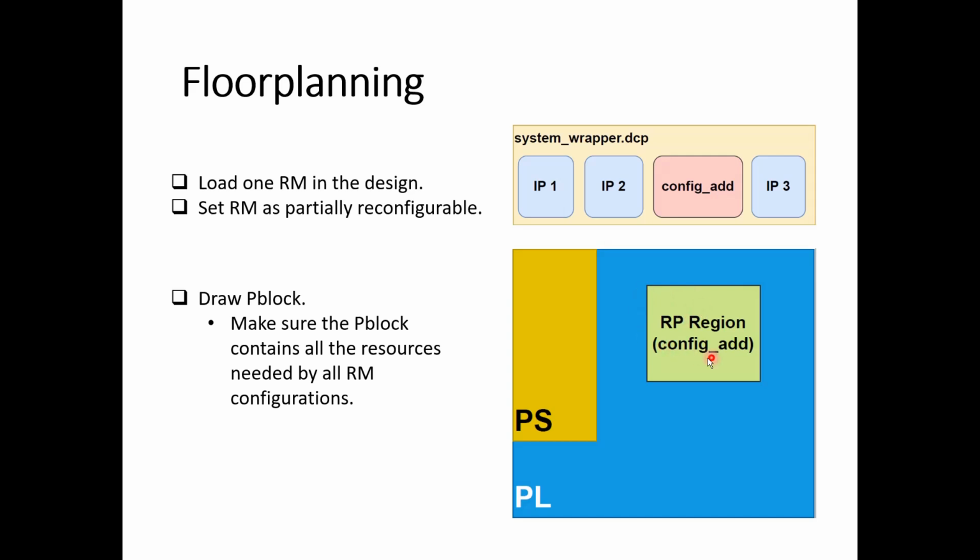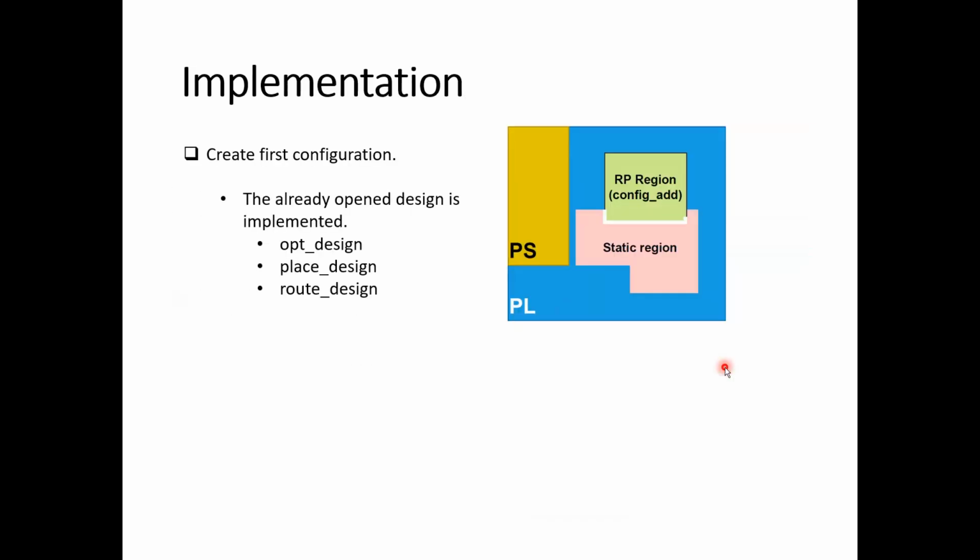So this is the region that will house our addition module as well as the multiplication module. So we have to make sure that the region that we select has the resources necessary to hold these modules.